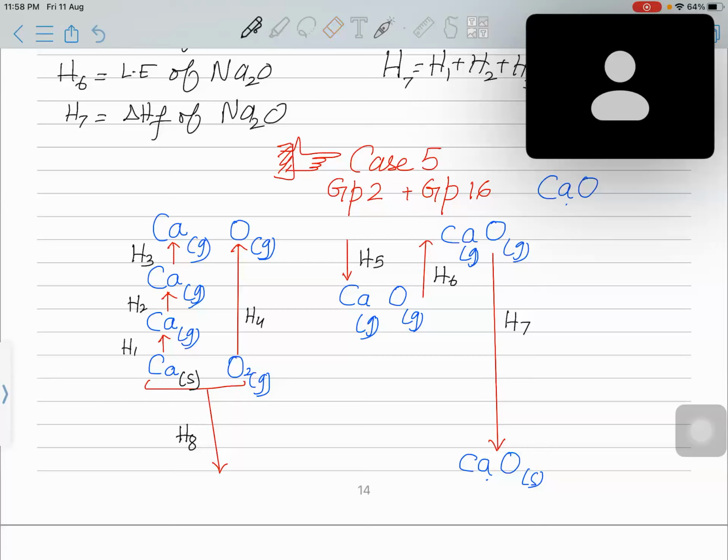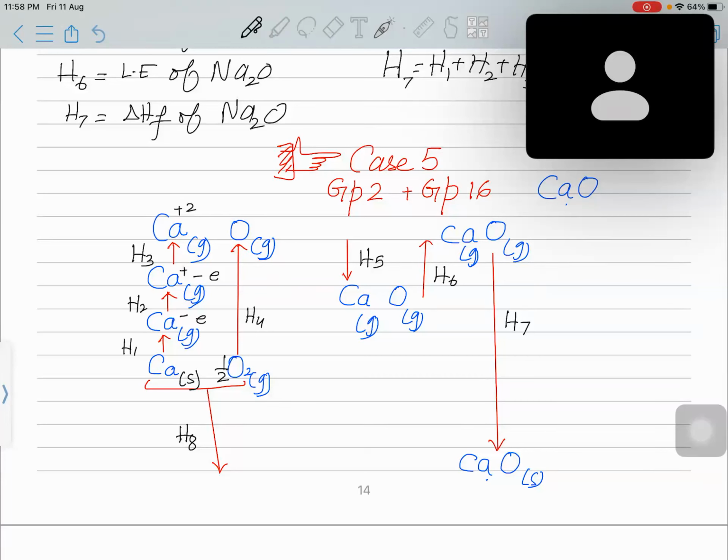So calcium becomes, now remove one electron from it, it becomes +1. Then again remove an electron, this is +2, gaseous. Then half O2, correct.